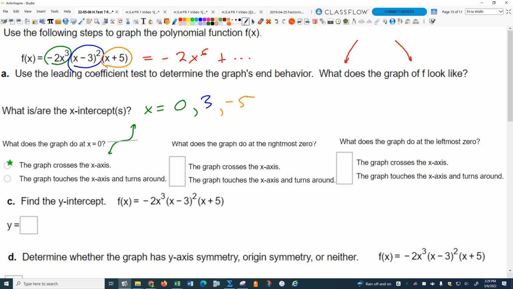What's the graph doing at the rightmost 0, which would be 3? Everybody agree it's bouncing? Because we've got even degree. So we got a picture like this then for this guy.